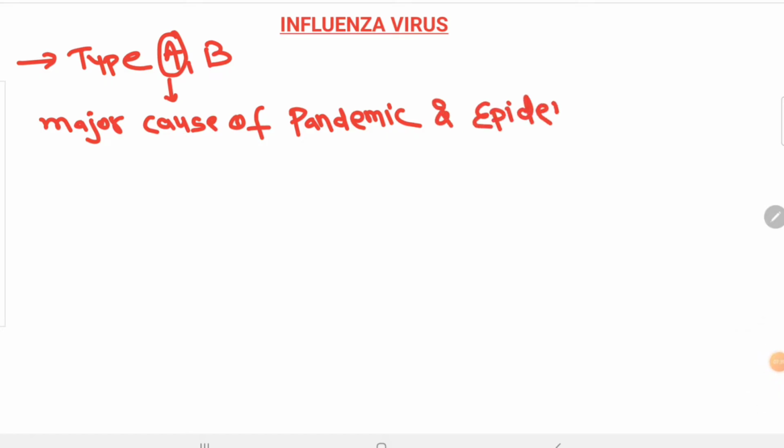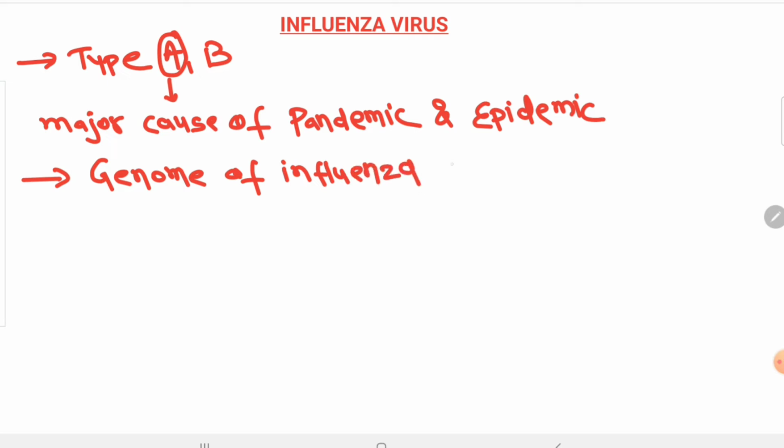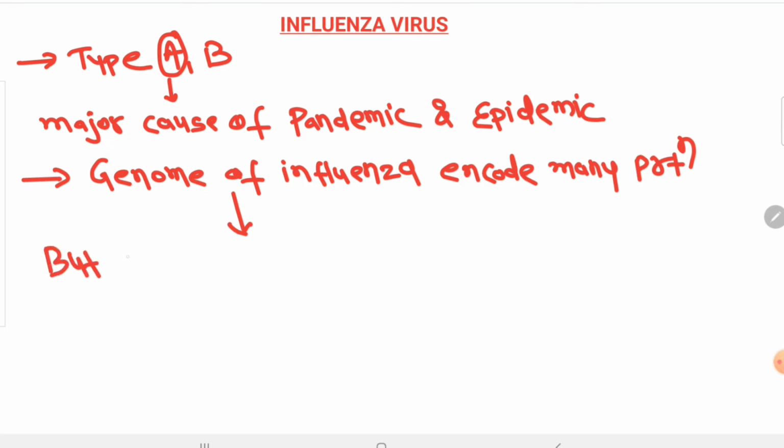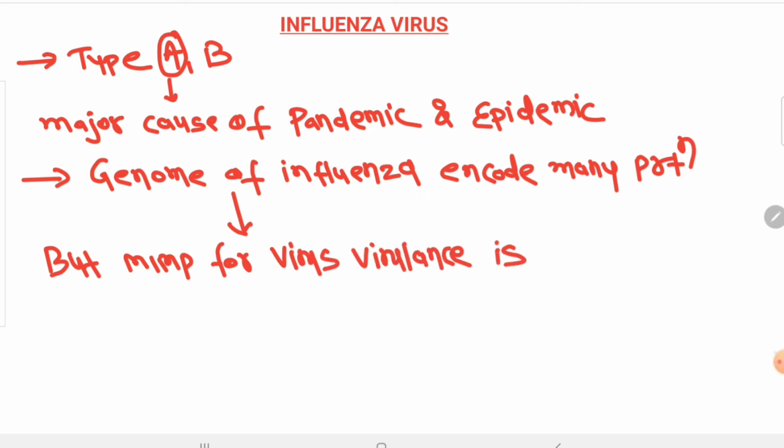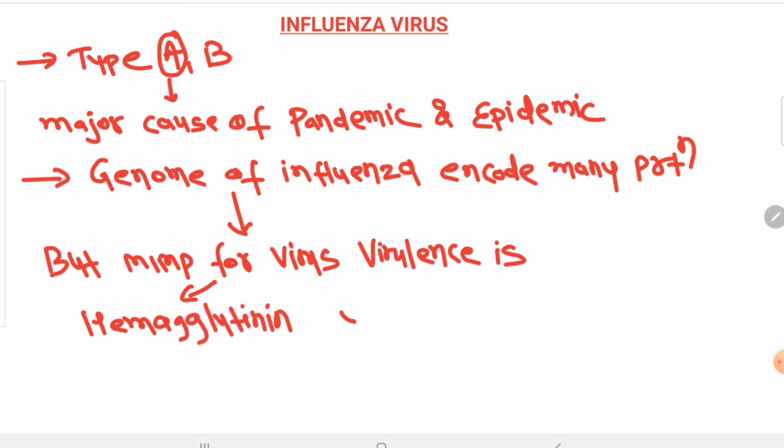Now, you know the genome of influenza virus can encode many proteins, but the most important for the viral virulence, the virulence power of influenza virus, is mainly two proteins. One is hemagglutinin, and the second protein is neuraminidase.